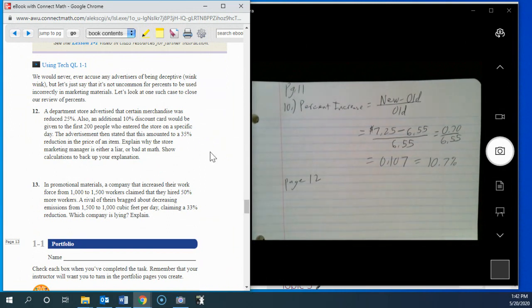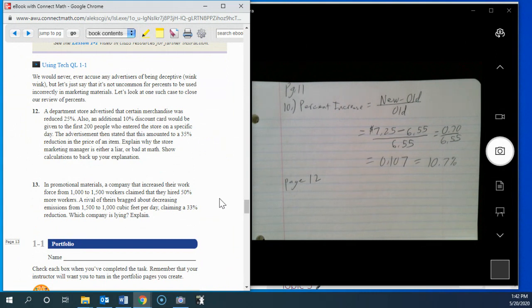All right. It says here, we would never, ever accuse any advertisers of being deceptive. Wink, wink. But let's just say that it's not uncommon for percents to be used incorrectly in marketing materials. Let's look at one such case to close our review of percents. A department store advertised that certain merchandise was reduced 25%.